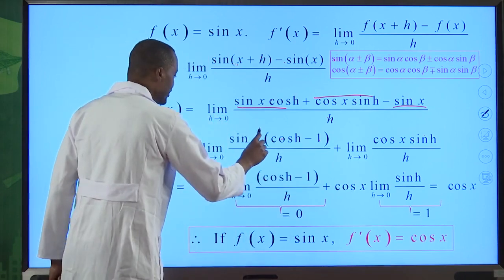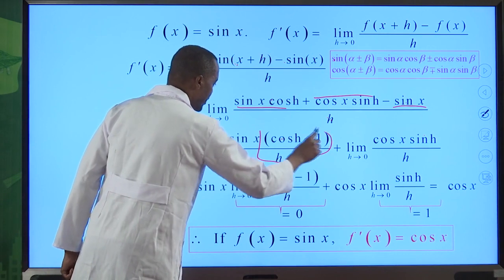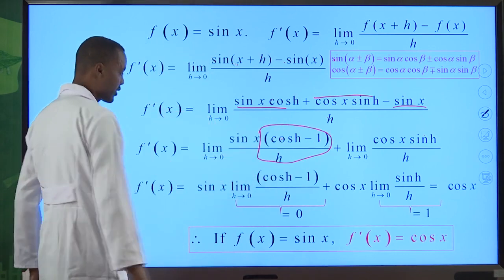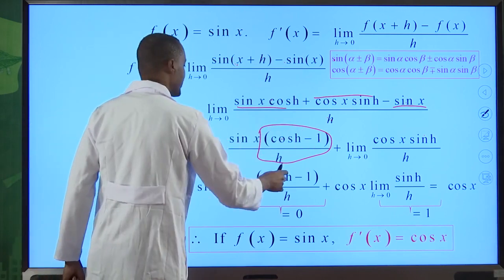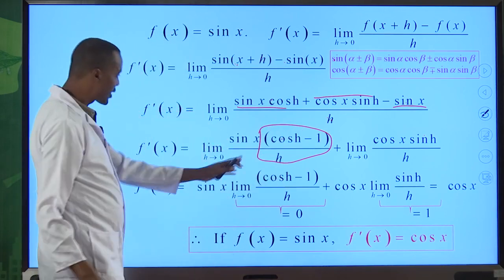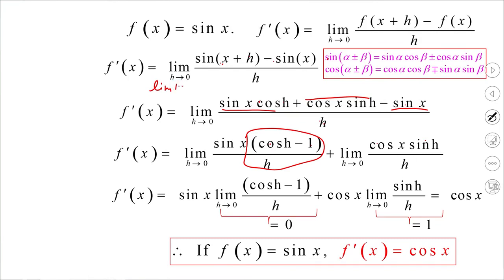When you see the one in this region that I have encircled, cosine of h minus 1 over h is one of my special limits. If you remember, one of my special limits was the limit of 1 minus cosine of theta over theta as theta approaches 0. 1 minus cos theta or cos theta minus 1 doesn't matter, but in both cases it is also equal to 0.